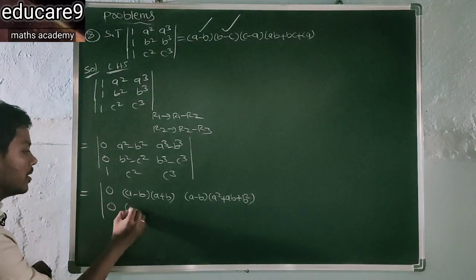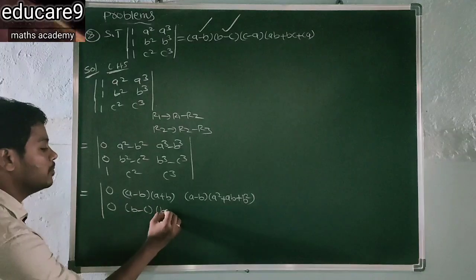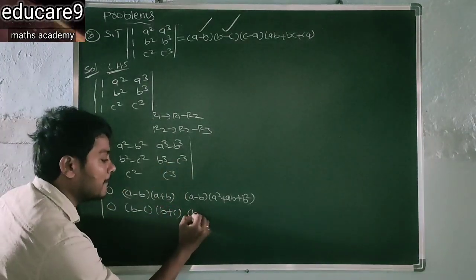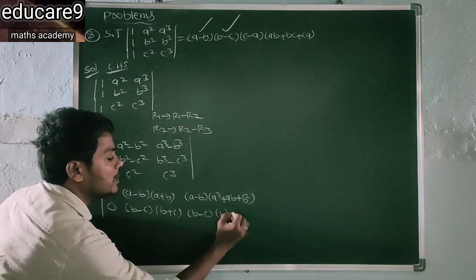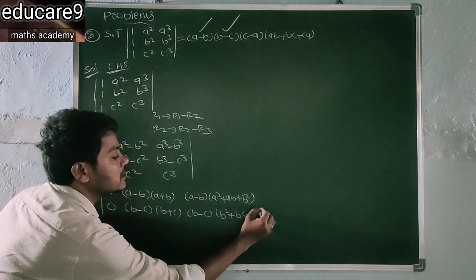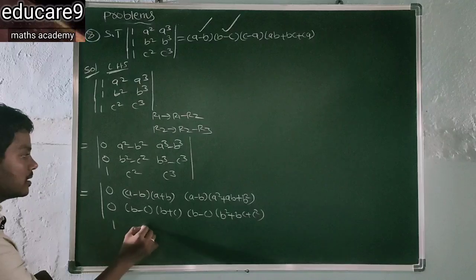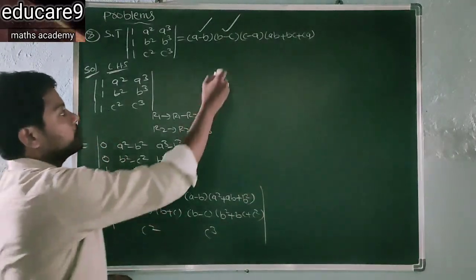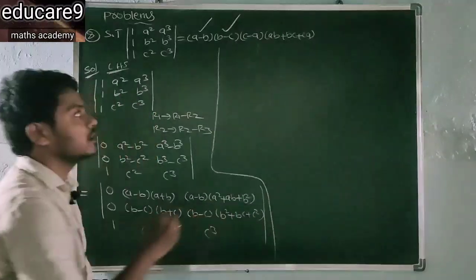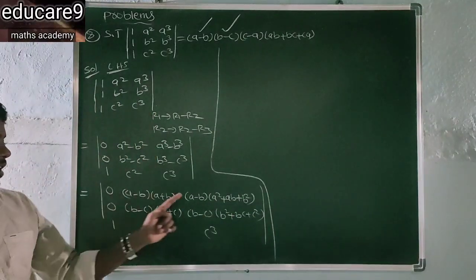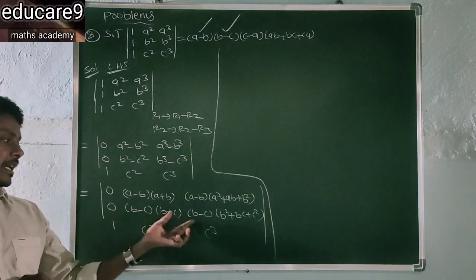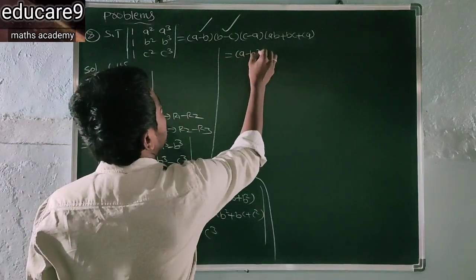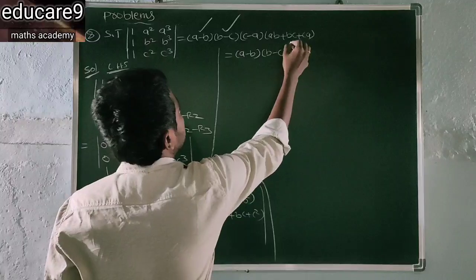Next one, 0, B minus C into B plus C. B cube minus C cube formula, B minus C into B square plus BC plus C square. 1, C square, C cube. So clearly from first row A minus B is common, from second row B minus C is common. So this is A minus B, B minus C is common.